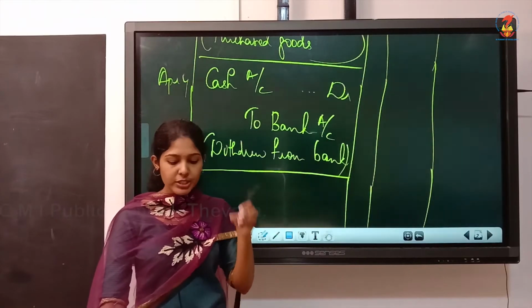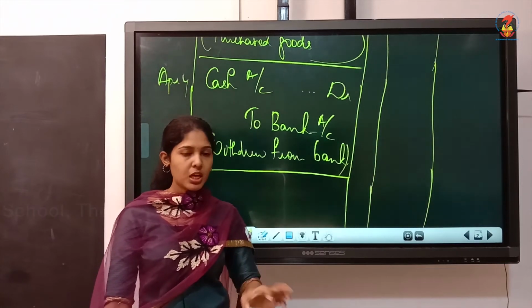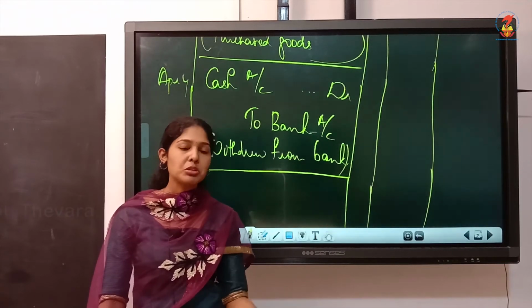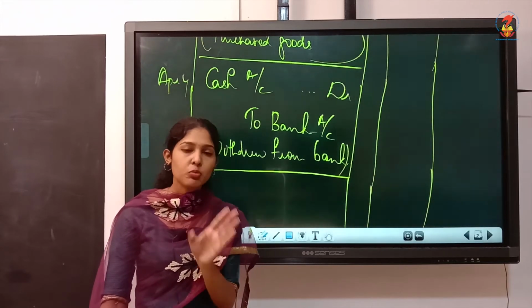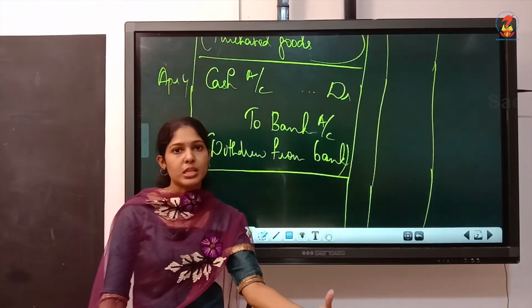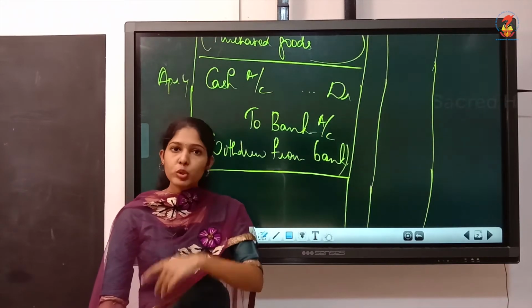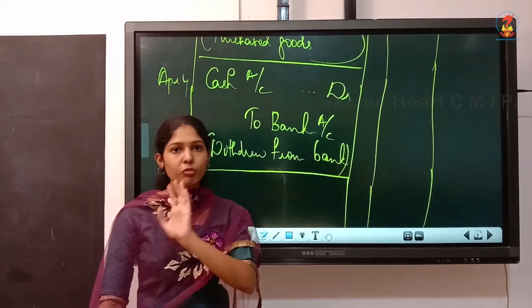They simply wrote withdrew cash from bank. Here they mentioned it is for office purpose. If nothing was mentioned, what will you do? If nothing is mentioned, it will be for office use. Because the business will be taking the amount for their own use.